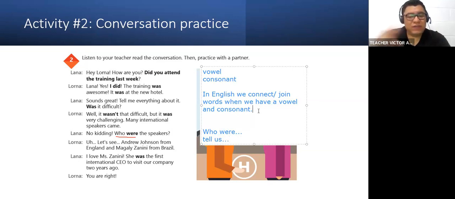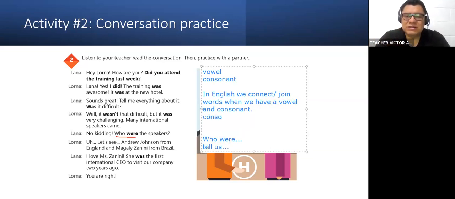And also like this one. In this case, we have the other way around, right? We have consonant and vowel. Tell us. But in real conversation, we say tell us, right? So we are connecting, right?